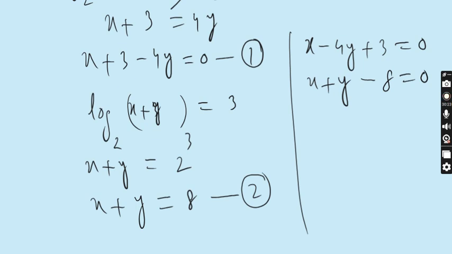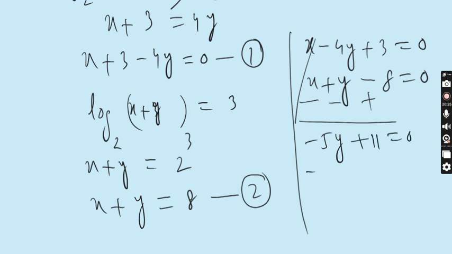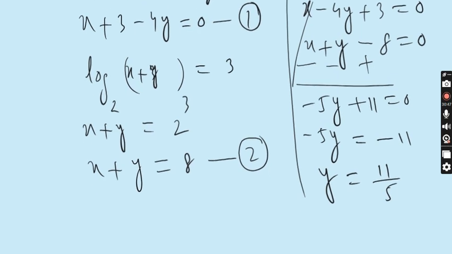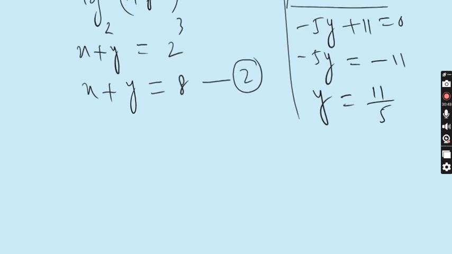Subtract both the equations, negative negative positive, x cancels by x, negative 5y, 8 plus 3 is 11, is equal to 0, so 5y is equal to 11, and y is equal to 11 upon 5. Put this value of 11 upon 5 in any one of the equations.